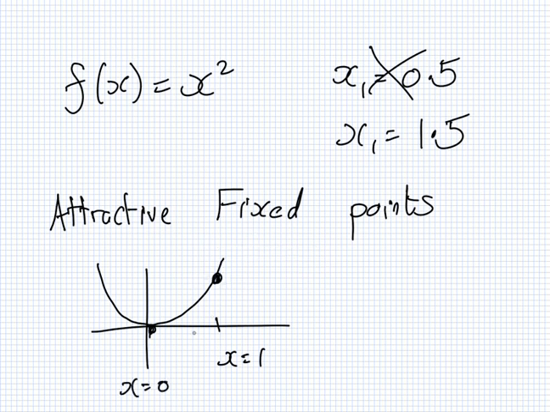If you were to start here at 0.5, you end up moving to 0. But when we start at 1.5, did we move towards 1? No, instead we moved away. So this one is called an attractive fixed point, and this one is a non-attractive fixed point.